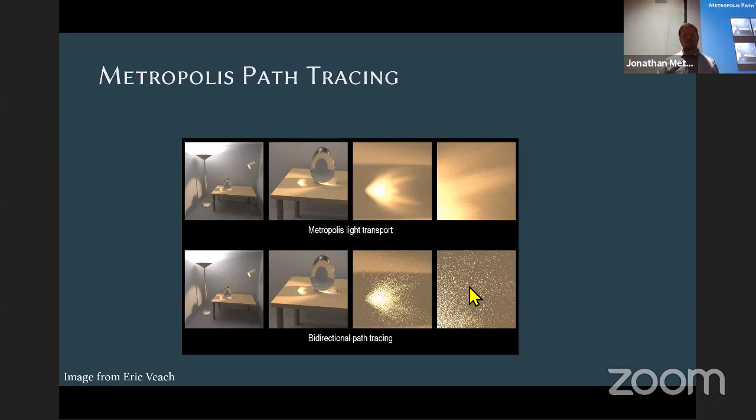Metropolis path tracing is particularly good for certain kinds of problems like caustics. But if we analyze these two images together, yes, you get more noise with bidirectional path tracing for caustic areas, but you get more noise with Metropolis in general.